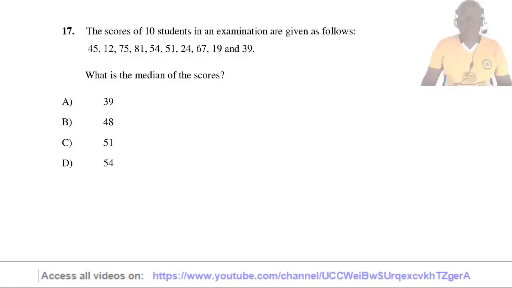Question 17. The scores of 10 students in an examination are given as follows: 45, 12, 75, 81, 54, 51, 24, 67, 19, and 39. What is the median score? To find the median score, we shall arrange the scores in ascending order.